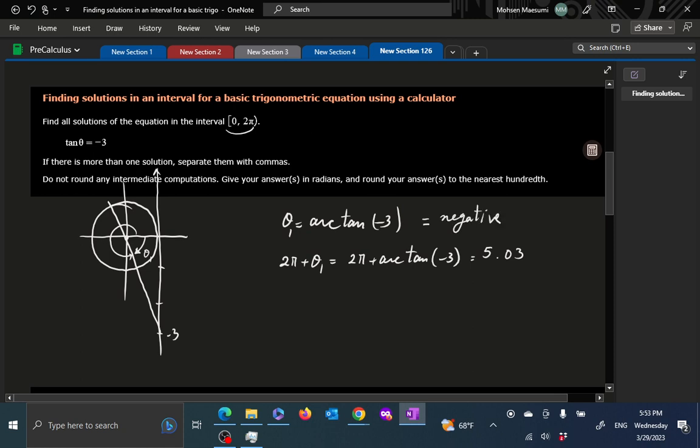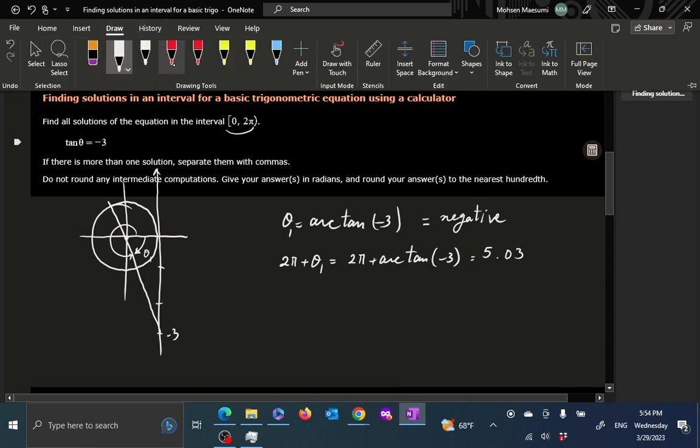It's what your calculator is going to give you if you say arctangent. Now that is not the angle we want, because it's not between 0 and 2 pi. There are infinitely many angles whose tangent is minus 3, and which one you want has to be a criterion for your choice. And for most of these problems, it says between 0 and 2 pi. So that's one answer. How about the second one?